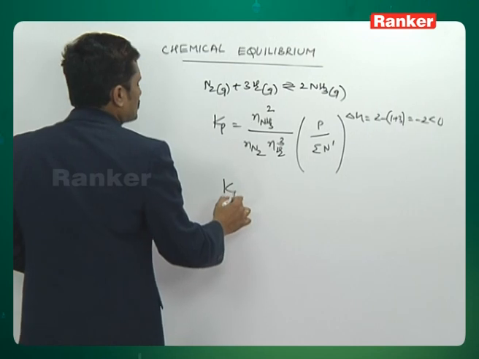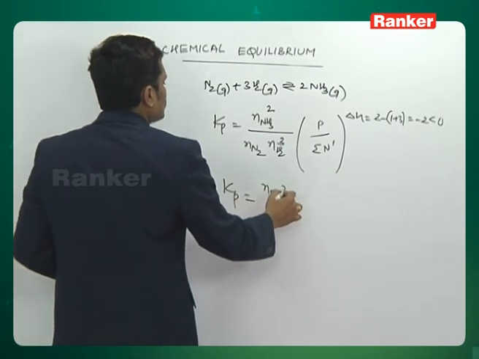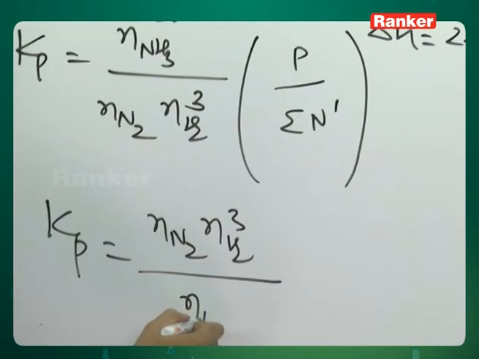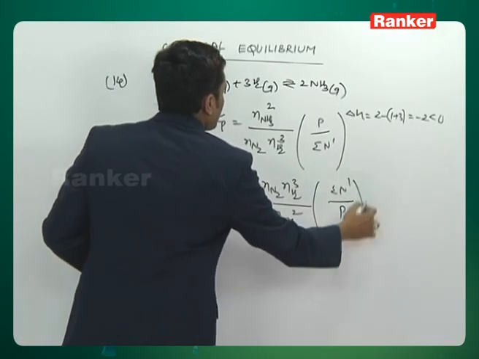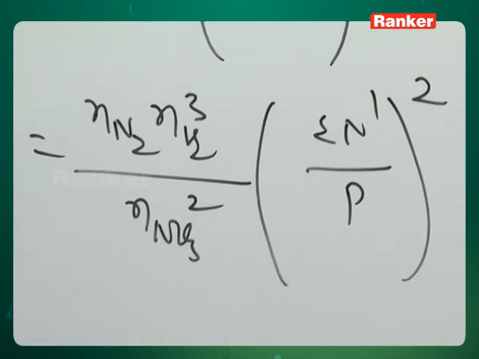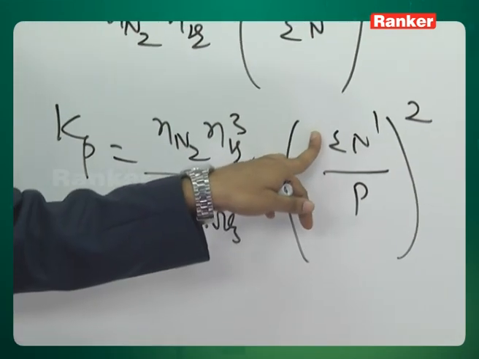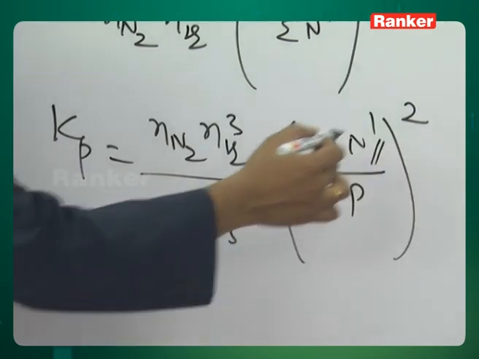That means your equation is going to become sigma n dash upon P whole square, because the delta n value is negative. Now what happened here? We have added the inert gas, hence this value has increased.